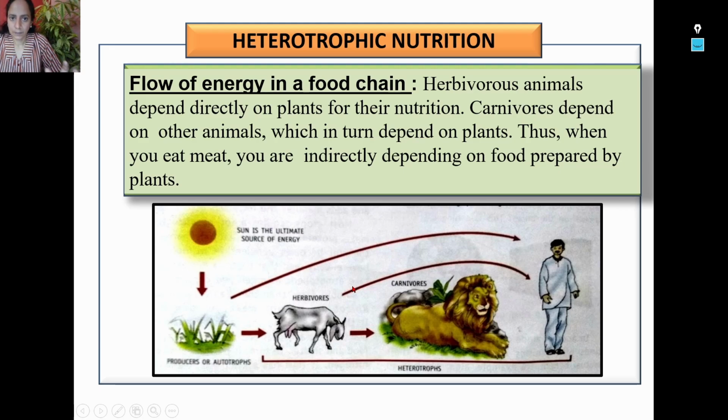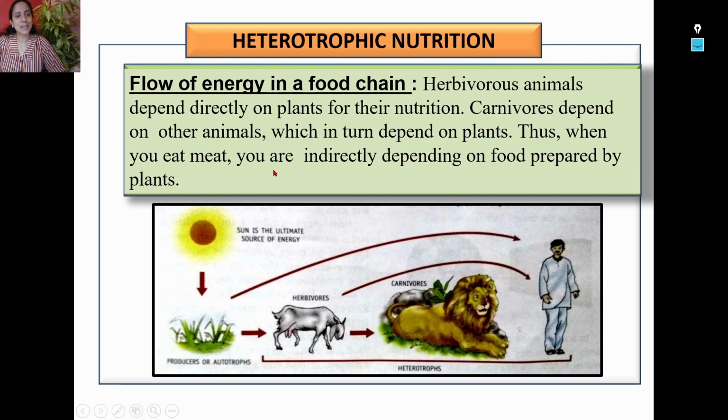Before proceeding with the meaning of the term heterotrophic nutrition, let's recap what you studied in class 6, and we'll try to connect with the help of that knowledge. I want you all to go for a flashback and remember what you learned in class 6. I'm sure my viewers are familiar with the terms food chain and food web. They are also familiar with herbivores, carnivores, and omnivores.